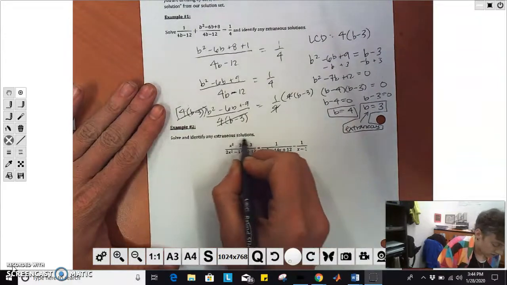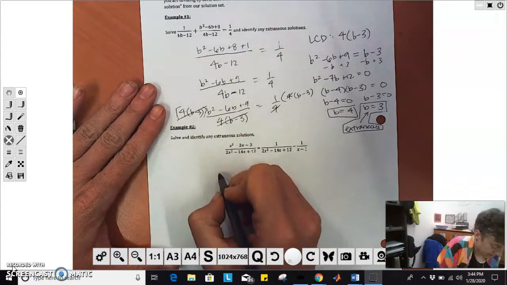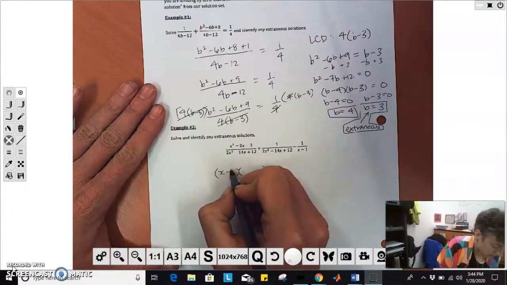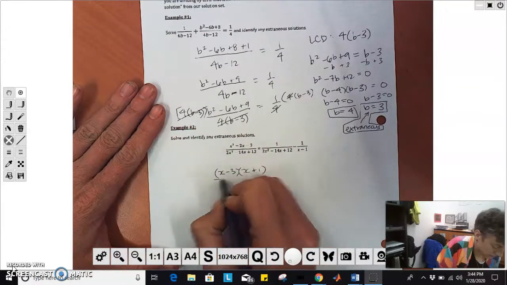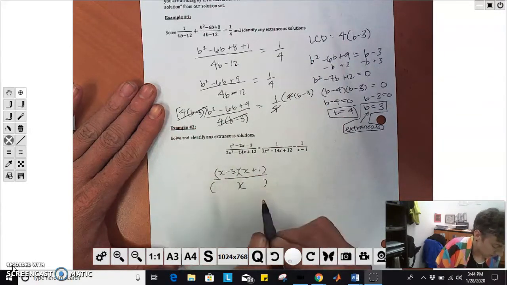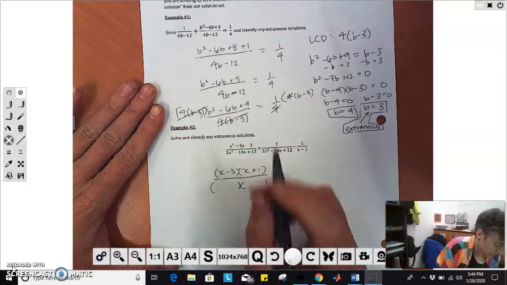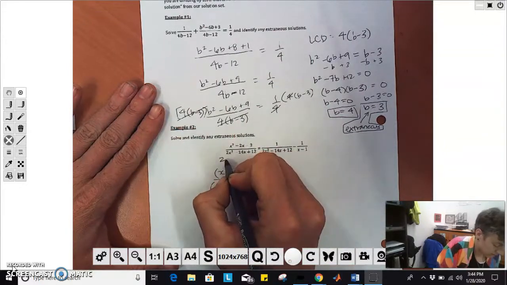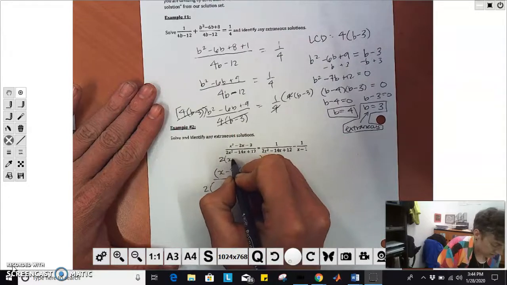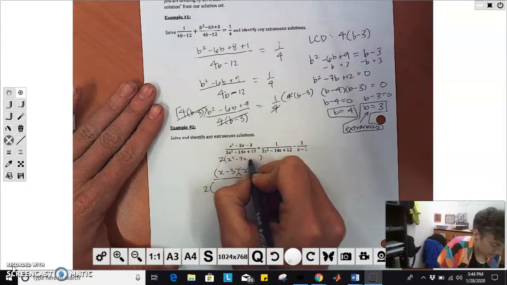Factor the top part too. I've seen that one a million times. I know that's x minus 3 and x plus 1 all over... Do your ACB tree. Let's take out a 2 first. And then I'll have x squared minus 7x plus 6.